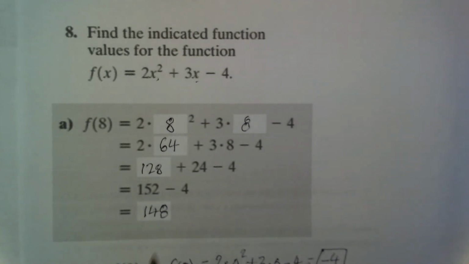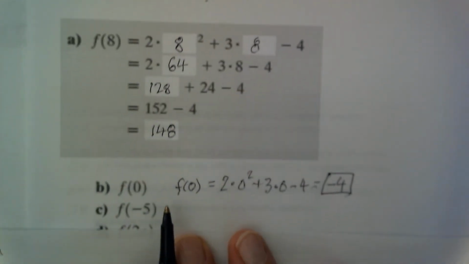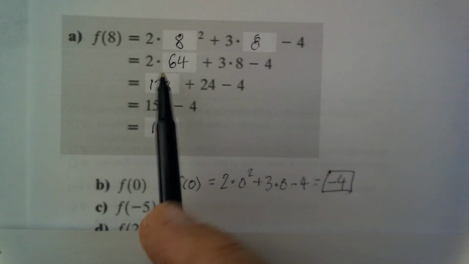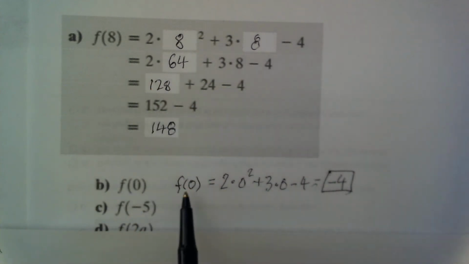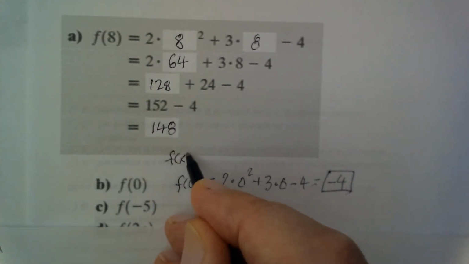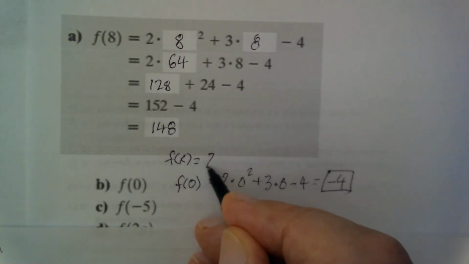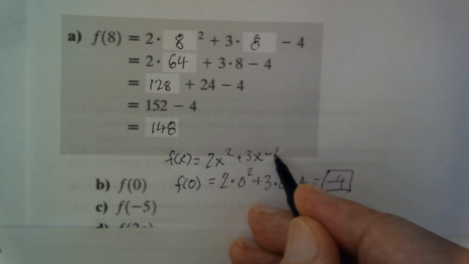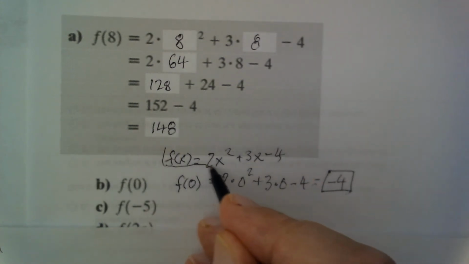Now f of minus 3, minus 5 rather, and for the c part, we replace every x in our original function. Let me rewrite the original function. f of x was equal to 2x squared plus 3x minus 4. So that's the original function.